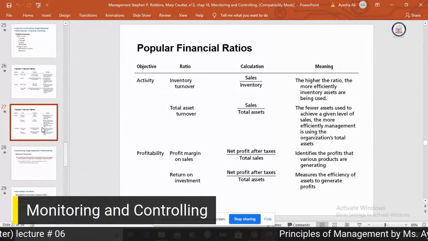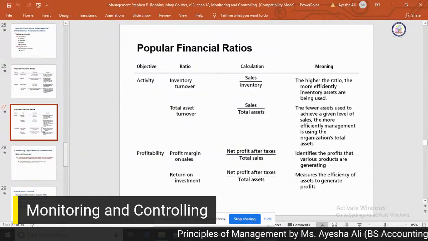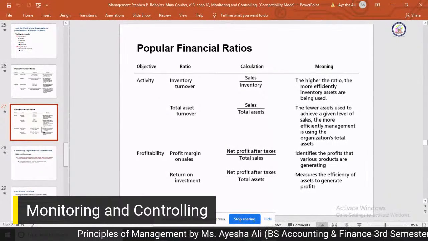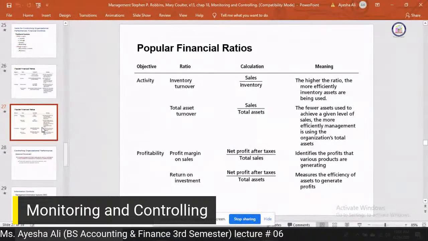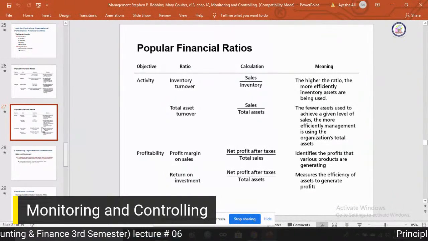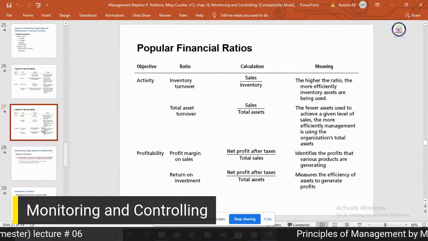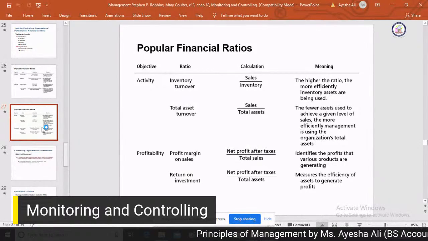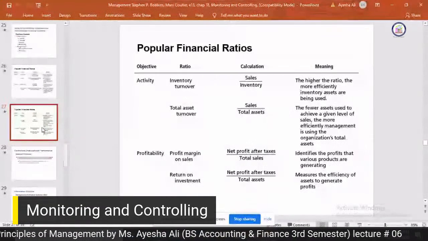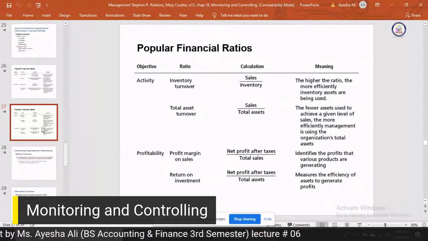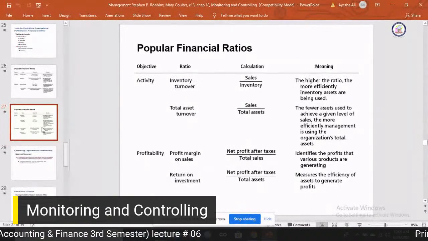So if the ratio is good, it means the organization is using their assets very efficiently and effectively. But if the ratio is low, it means the organization is not using their assets properly or efficiently.